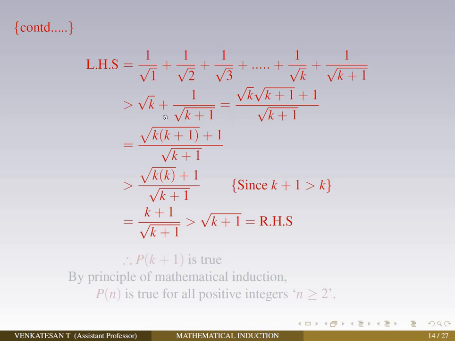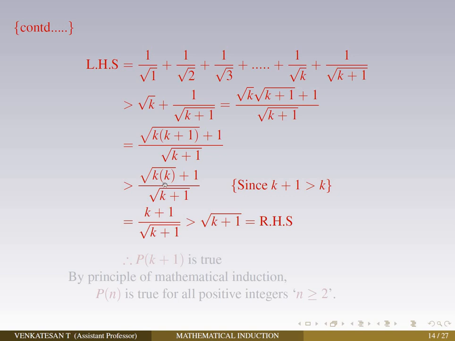While taking LCM, (root k into root k plus 1, plus 1) divided by root of k plus 1. We know that root a into root b is nothing but root of ab. Likewise, here root k into root k plus 1 becomes root of k into k plus 1, plus 1, divided by root of k plus 1. I know that k plus 1 is greater than k, so this is greater than. I am replacing this k plus 1 value with k.